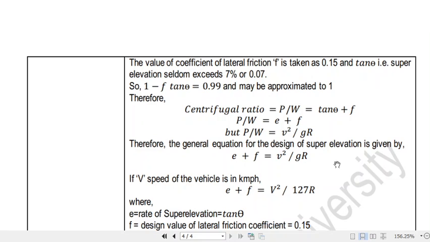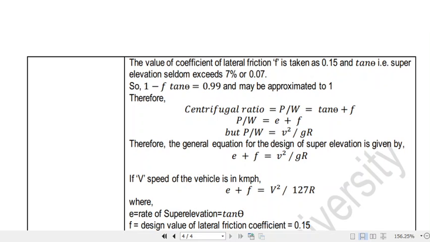Now the value of the coefficient of lateral friction F is taken as 0.15 for design purposes. The value of tan theta, or transverse slope due to the super elevation, seldom exceeds 0.07 or 7%, as we have already discussed.